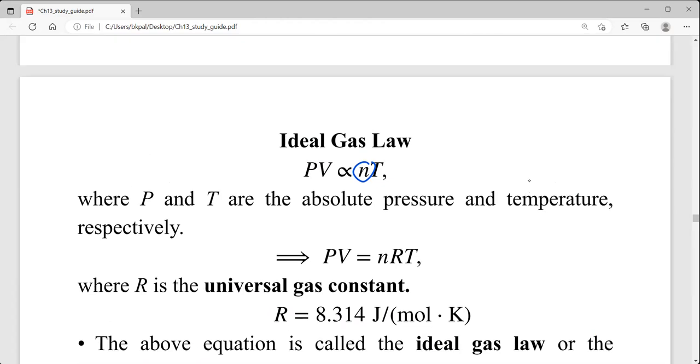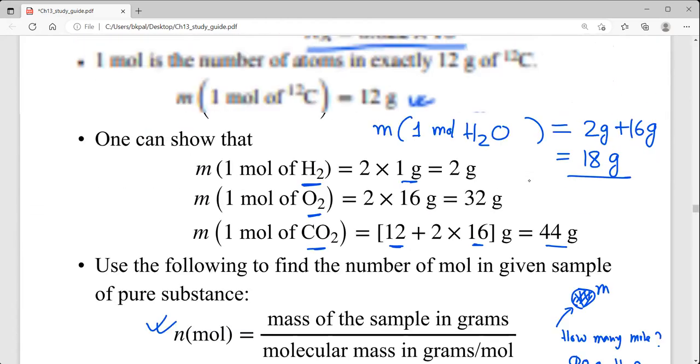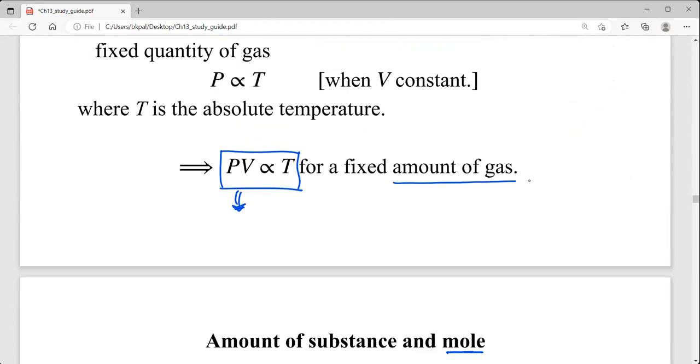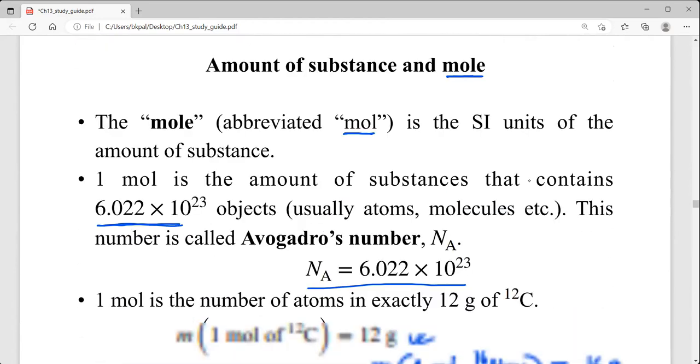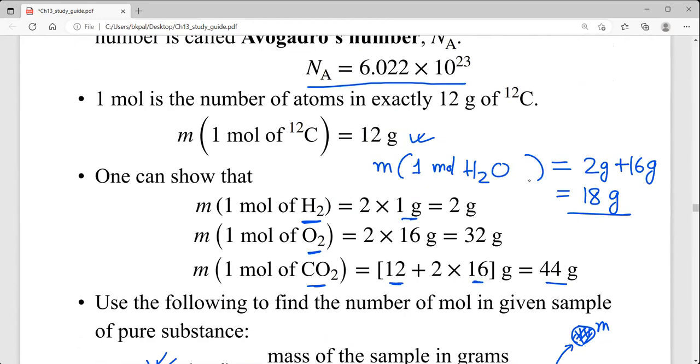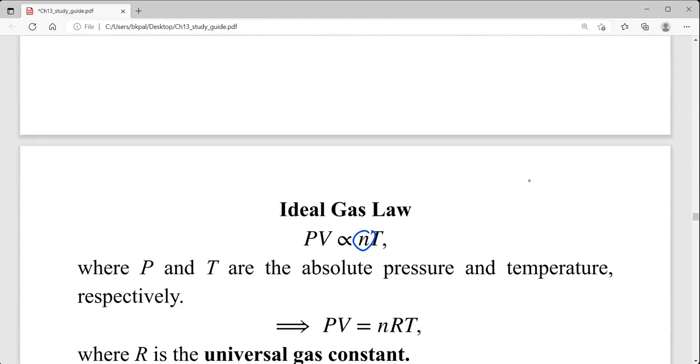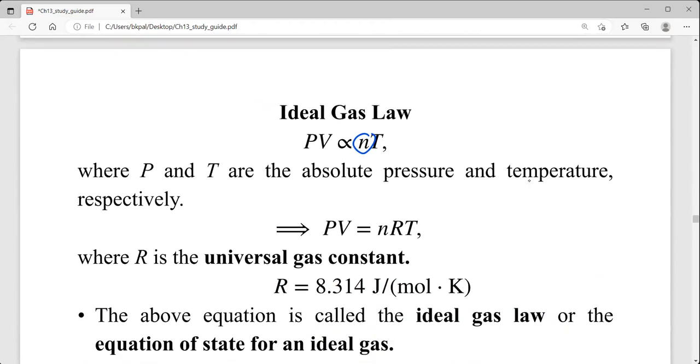Now the equation PV is proportional to T was valid for a fixed amount of gas, but in general, if you want to add the amount of substance, the equation now becomes PV is proportional to n times the absolute temperature. It's a little bit different. Here we added n, the number of moles.